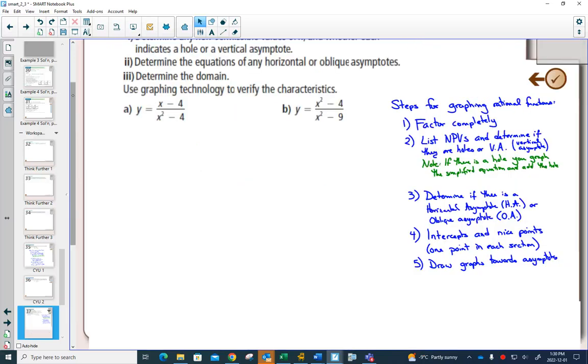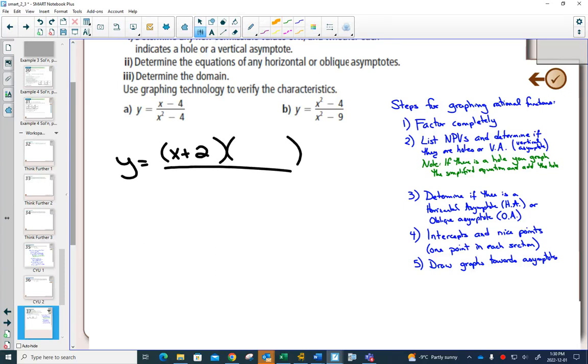Part B. Again, step one, factor completely. The top is a difference of squares. The bottom is a difference of squares. Nothing cancels out.